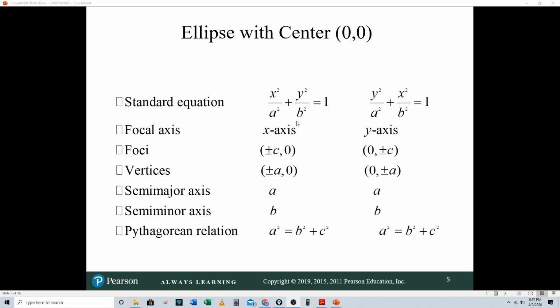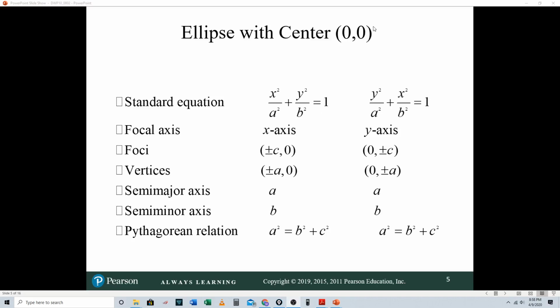Very similar to the parabola that we dealt with before. The difference is now we have fractions and we have the Pythagorean theorem. A squared is equal to b squared plus c squared. A little different than we're used to seeing, I think. So now this is the ellipse with the center on the origin.